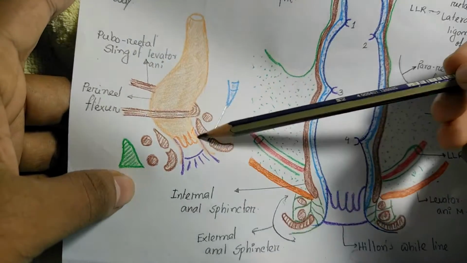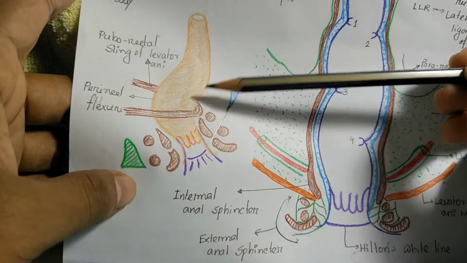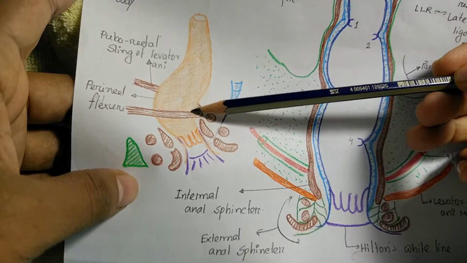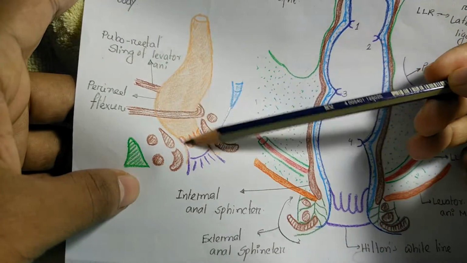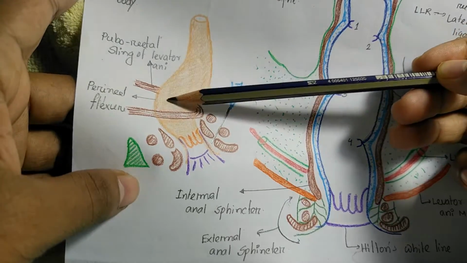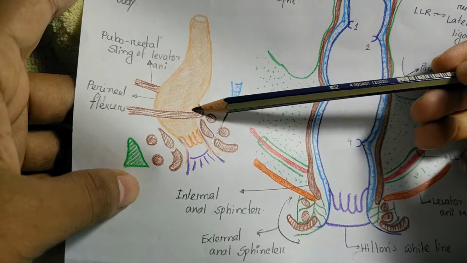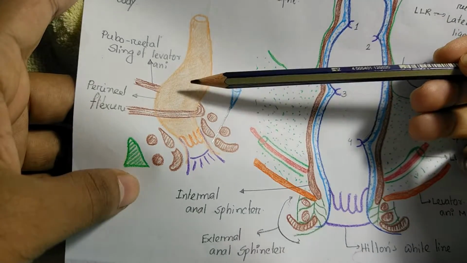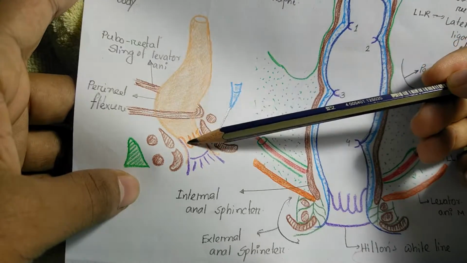So a part of the levator ani, or the muscles of the perineum, will hold the rectum anteriorly to make a shape so that stool can be stored. It is one of the important reasons why the stool does not come frequently through the anal canal.